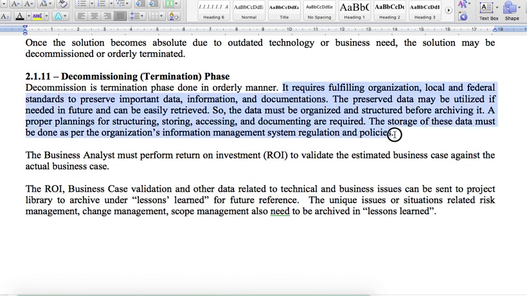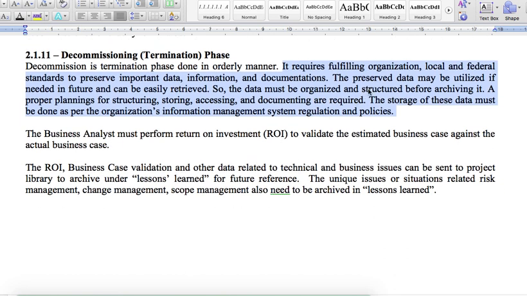It requires fulfilling organizational, local and federal standards to preserve important data, information and documentation. The preserved data may be utilized in future if needed and can be easily retrieved. So the data must be organized and structured before archiving it.